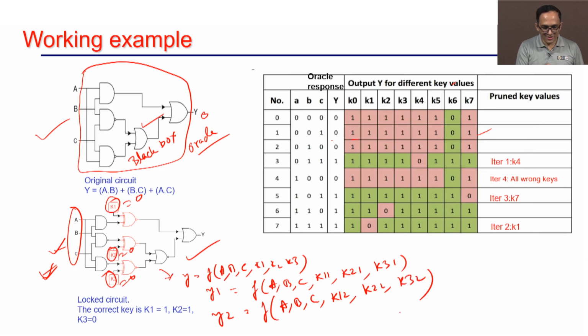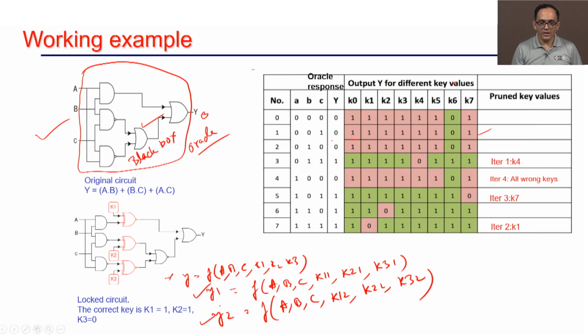And what is this function? It is basically what you get by traversing this circuit and taking whatever output you get. This I have already shown you earlier, so I am not writing the exact function. So you construct this formula, convert it into CNF, add Y1 not equal to Y2, and check SAT of this.